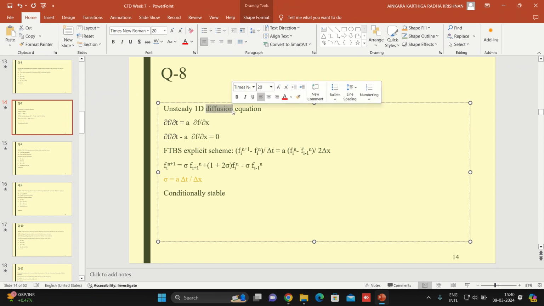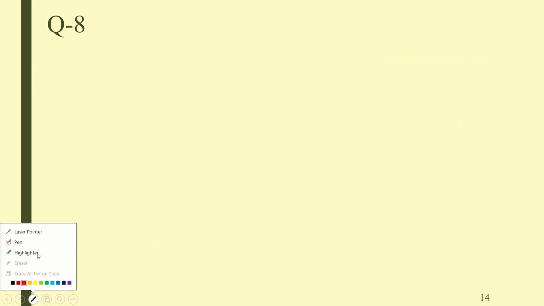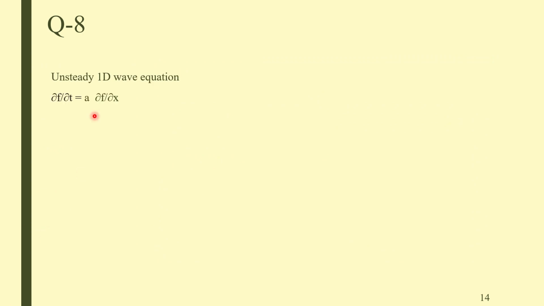It is of the format dou f by dou t is equal to a times dou f by dou x. So for this equation alone I am not particularly sure, but the procedure remains the same: dou f by dou t is equal to one term, and we take it to the left hand side, and now we apply the FTBS scheme, that is forward in time, backward in space.